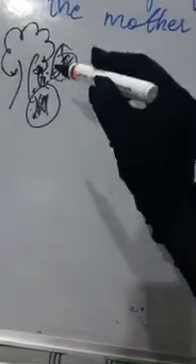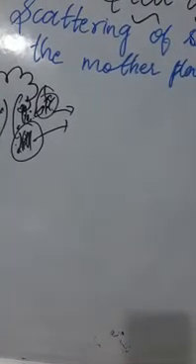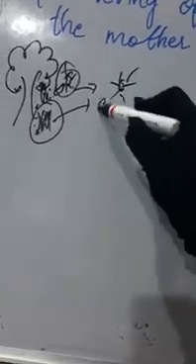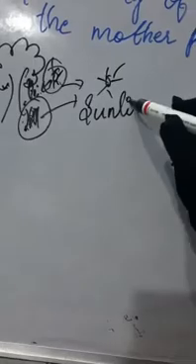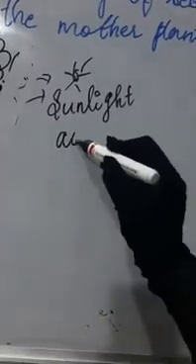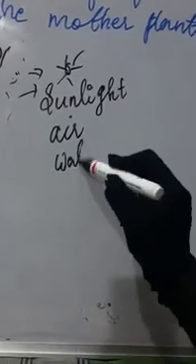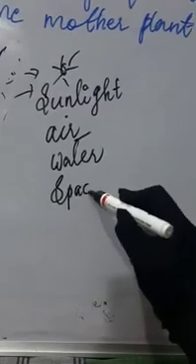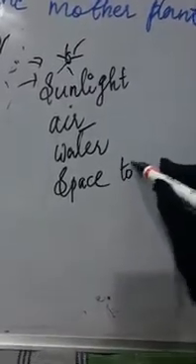So because of this, it is important that seeds are dispersed. Seeds should be dispersed over a wide area where they will get enough sunlight. They should get proper sunlight, air, water, and space to grow.